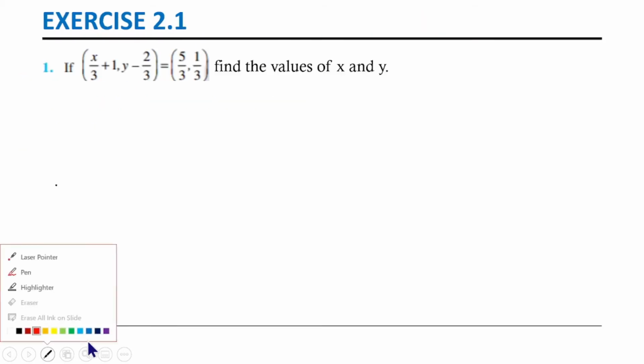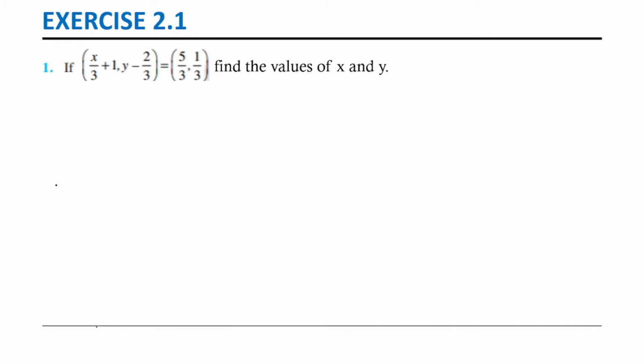Now these are the questions from exercise 2.1 of chapter 2 from the NCERT class 11 textbook. The first question: if the ordered pair x by 3 plus 1 comma y minus 2 by 3 is equal to the ordered pair 5 by 3 comma 1 by 3, find the values of x and y.